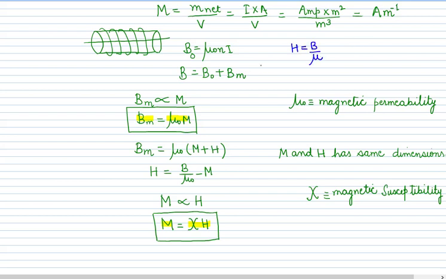So for a solenoid, if you are having some magnetic material, then B is equal to mu N I. And if you want to know H, then this is equal to N into I. So for a solenoid, the magnetic field intensity is H is equal to N I. Whenever we place a magnetic material inside this, then B is equal to mu N I and H is equal to N I for a solenoid. See, it is that easy to calculate if you know the formula.